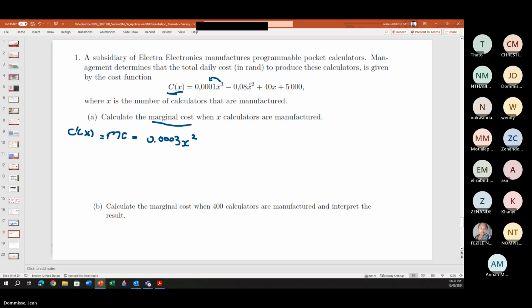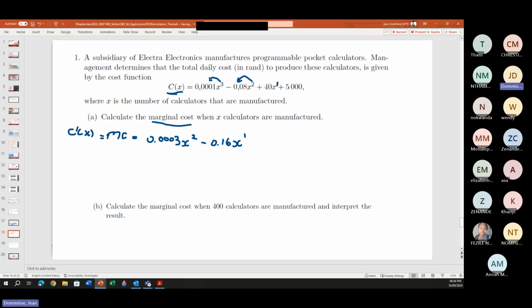Then the 2 goes to the front, so it is 0.08 times 2, that I need to work out. So that would be minus 0.16 x, because x to the power of 2 minus 1 is x to the power of 1.